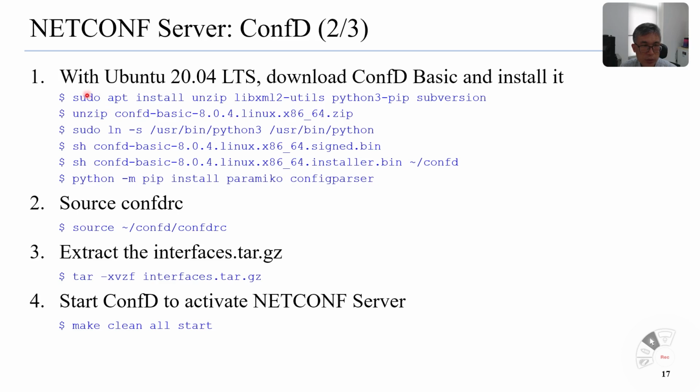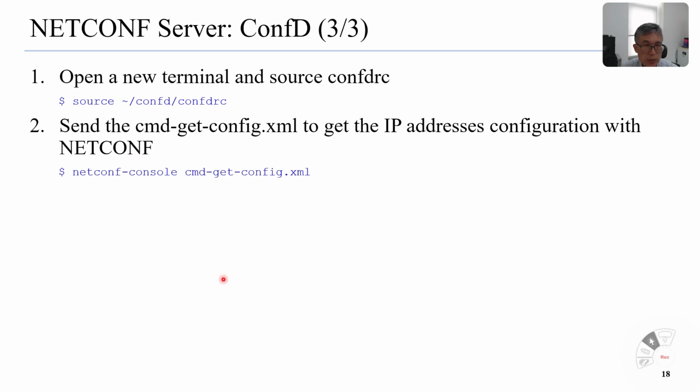So sudo apt install, then unzip, sudo execute Python 3, and then install these Python tools. After that, source the ConfD-rc resource file, extract the interfaces tar.gz, and then start ConfD to activate the ConfD server using make clean all start.